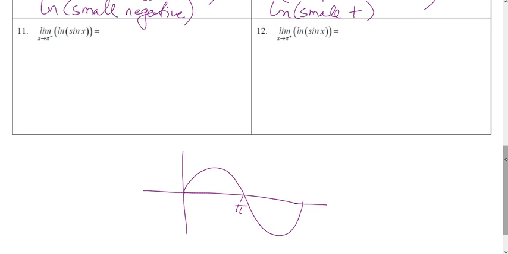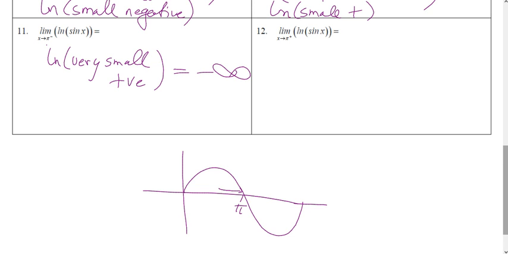We are approaching pi from the left. What is the sine of x going to be if we're approaching pi from the left? It's going to approach 0, but on its way there, it's going to be a very small positive. So this will be the ln of a very small positive, which is negative infinity.